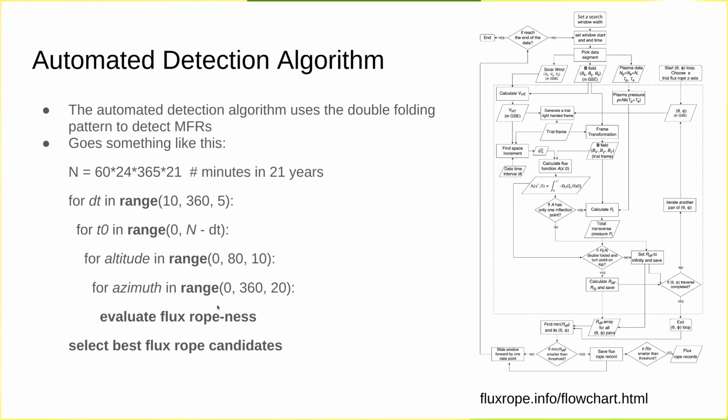Then they check for every single one of those if it's a flux rope using their calculations. And then they apply some filtering process at the end to determine the best candidates for the flux ropes. And then they've used that to make their catalog. And this is a flow chart they have showing the process.